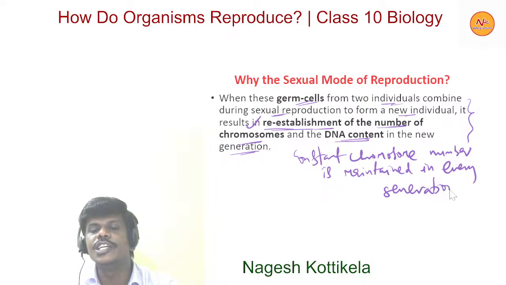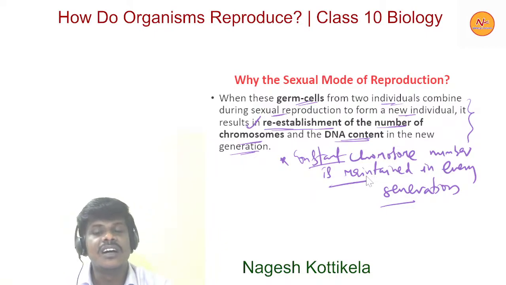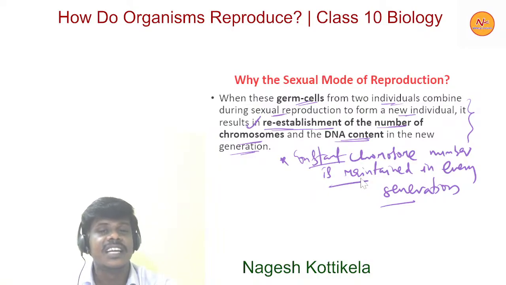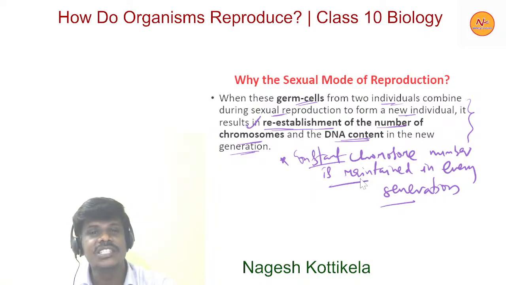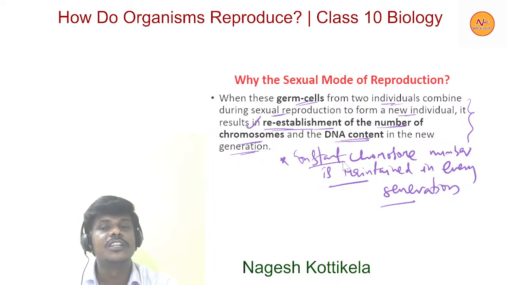This is what happens because of the meiotic division and because of the presence of specialized lineages of cells in highly evolved multicellular organisms. During sexual reproduction, gametes are formed by the meiosis process, and because of that the constant chromosome number is maintained in every generation.